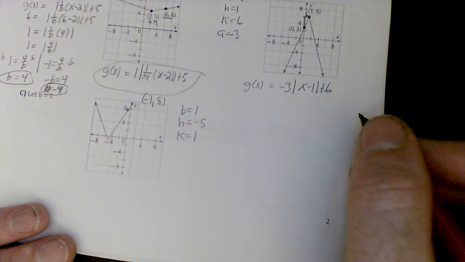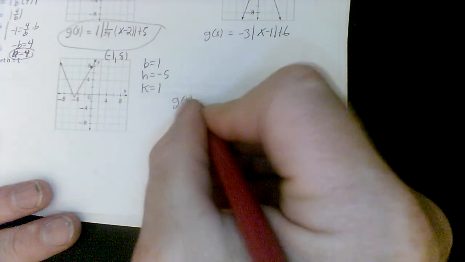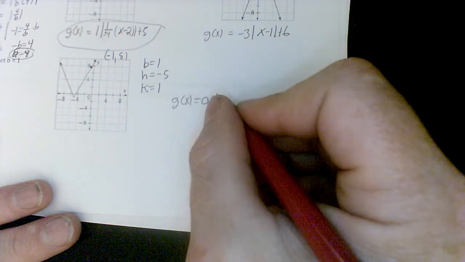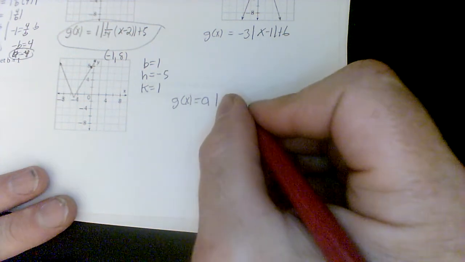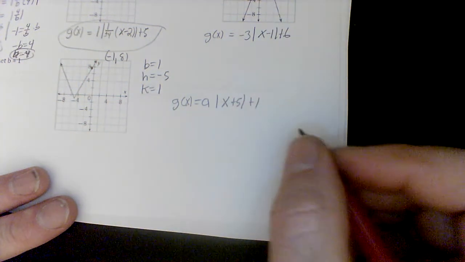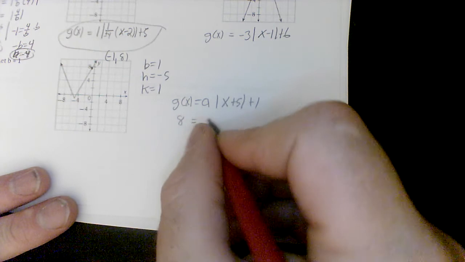So I'm going to solve this for a by plugging it in, right? My equation so far is g of x equals a times the absolute value. I don't need to put the b in there. It's x minus negative 5, or plus 5, right? And then plus 1. And then let's go ahead and plug it in. My output is 8, right?